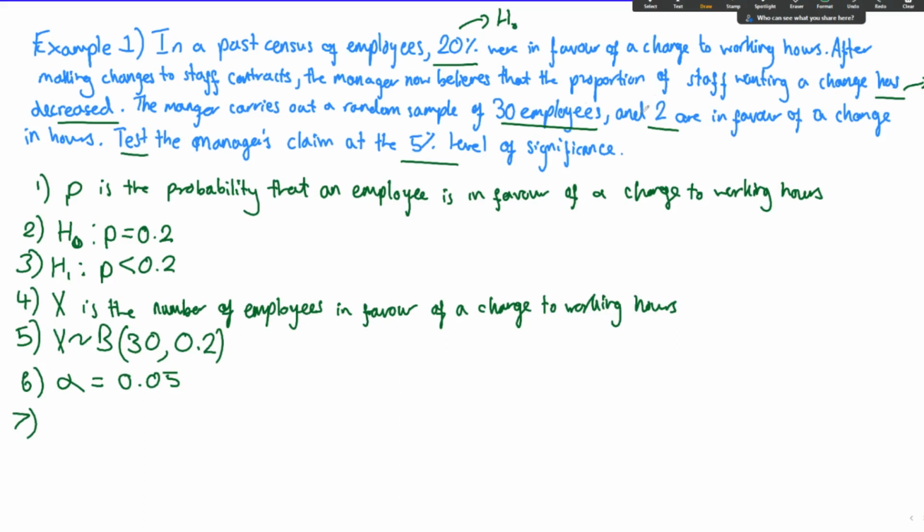Well, we see that 2 are in favor of a change in hours. So how do we actually test for significance? Well, we know that there are 2 actually in favor for a change in hours. And this is the evidence we use. What we do is we find the probability that the test statistic will be less than or equal to that value.